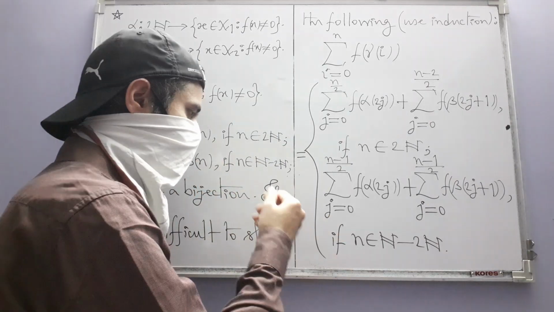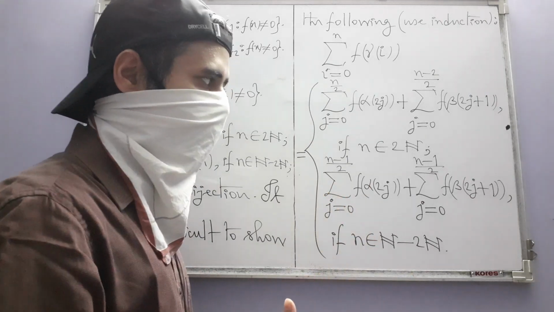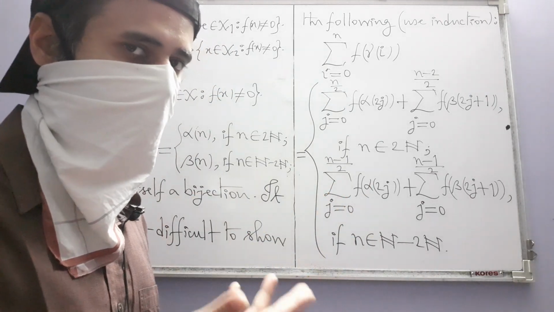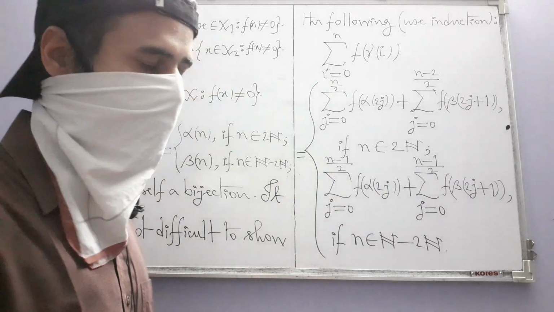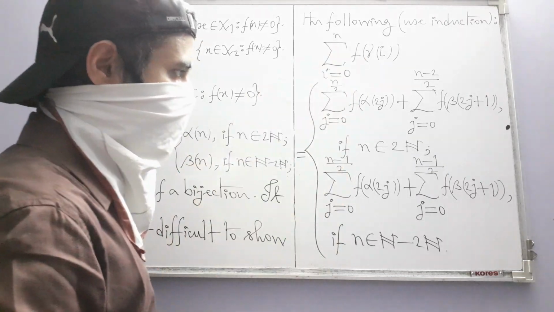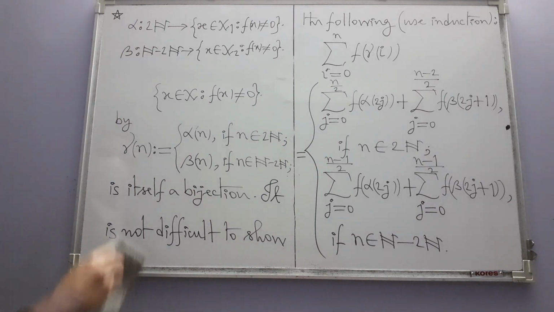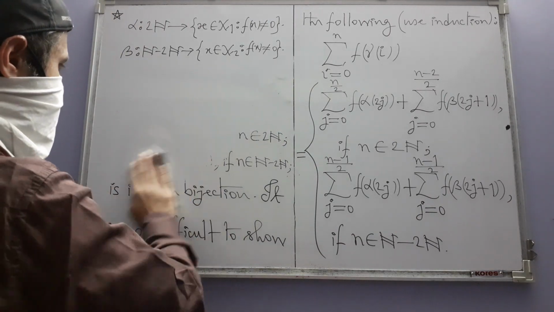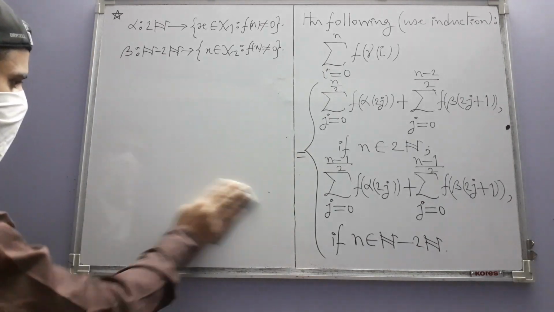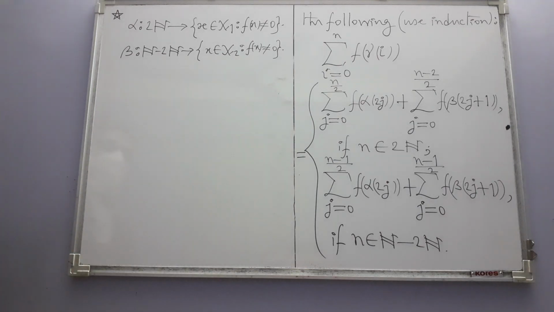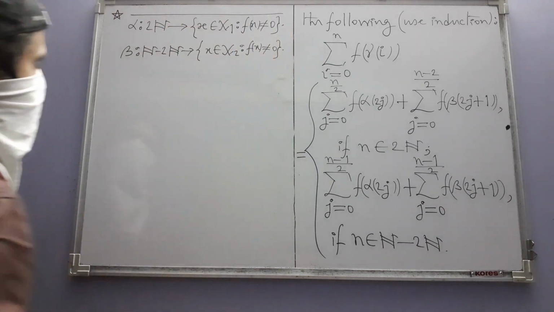Now, what can we do now? In order to at least see that this is plausible, I cannot claim now that this is true. I am just simply saying that this is true, but let us at least take some values of n and actually see whether we really get these things. So this is for our understanding. So let me put a bar here.